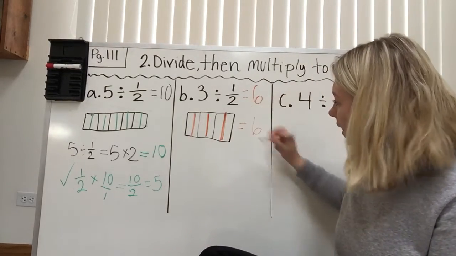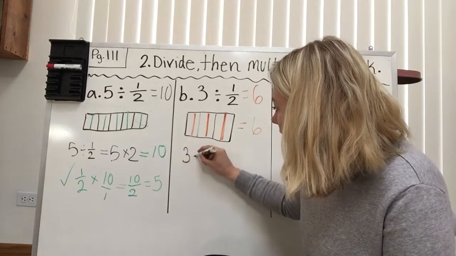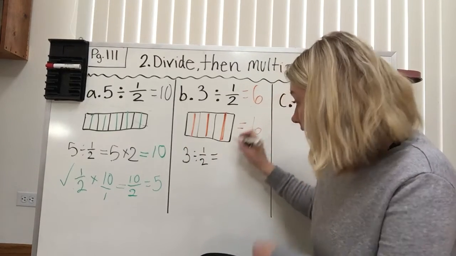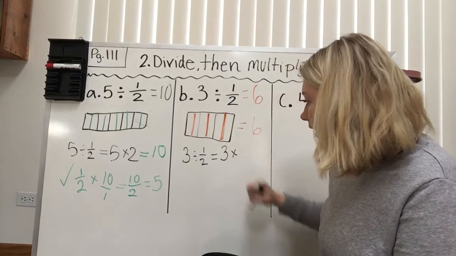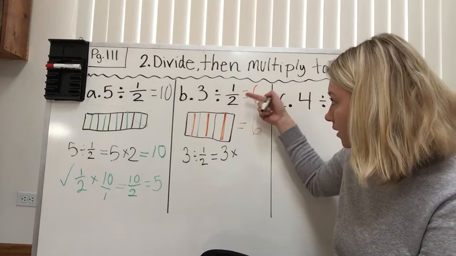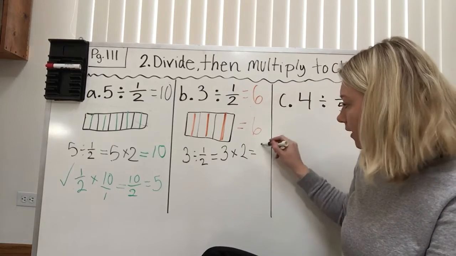And how do we check that? Well, 3 divided by 1/2 is also equal to keep the 3, change, so 3 times, and then flip 2. And 3 times 2 is 6.